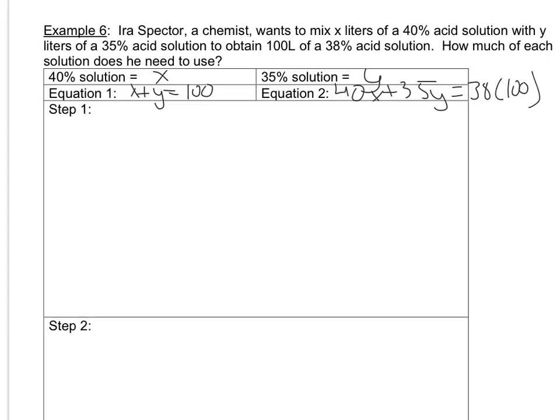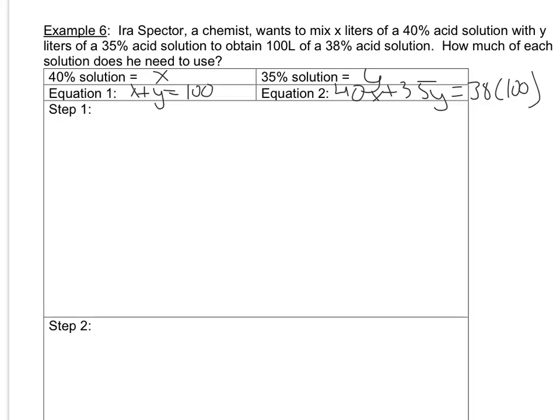Because remember, X is the amount of 40% solution, Y is the amount of 35%. See how you're doing 40 times the number of liters, 35 times the number of liters, 38 times the total liters, okay?